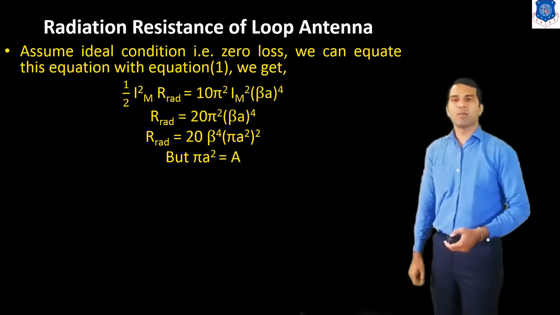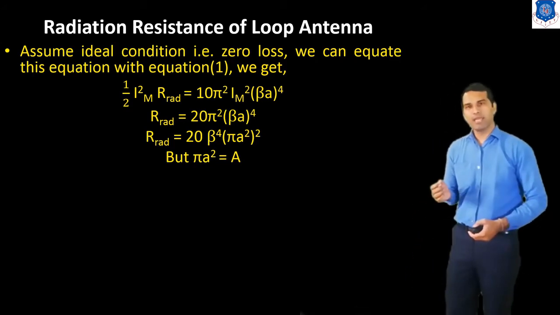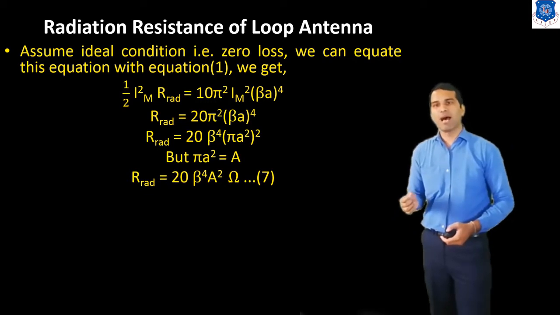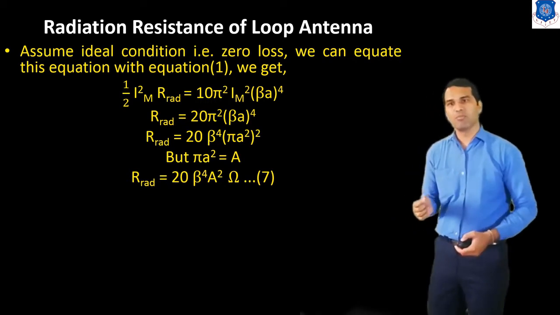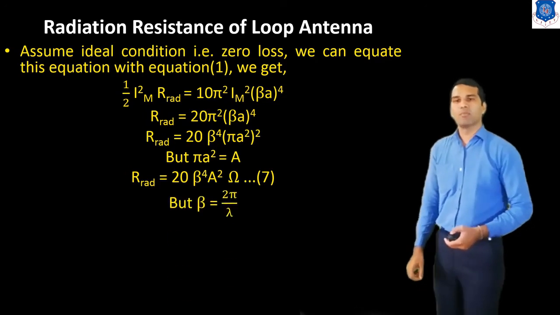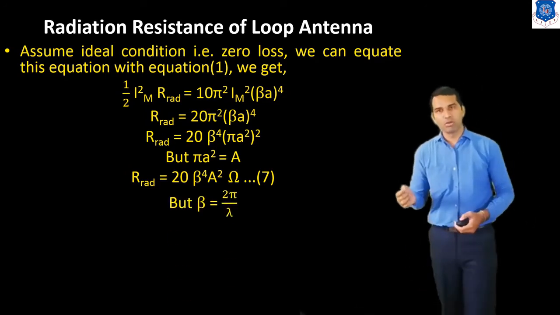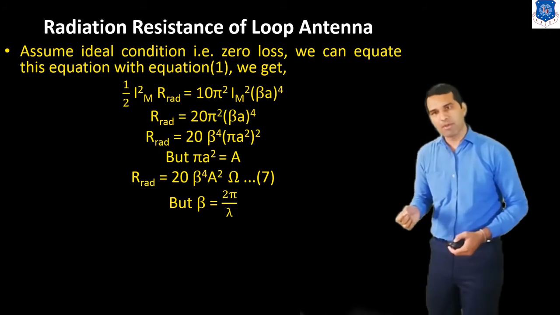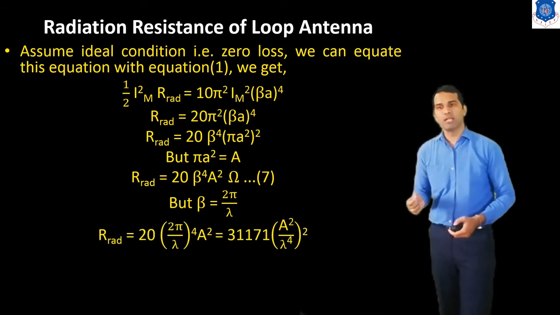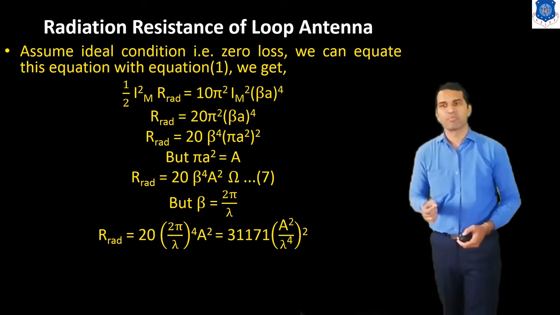But we know that πa² is nothing but the area A. So we can write this equation as R radiate is equal to 20 β⁴ A². But when we put the value of β, we know that β is nothing but 2π by lambda. So we put the value of β, so we can write 20 (2π/λ)⁴ A².